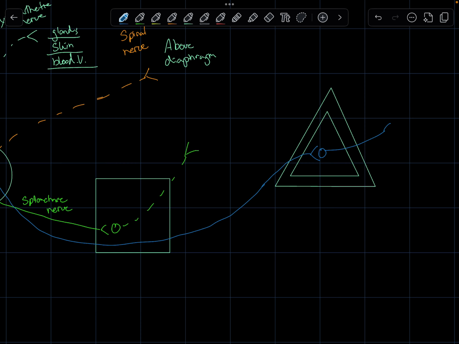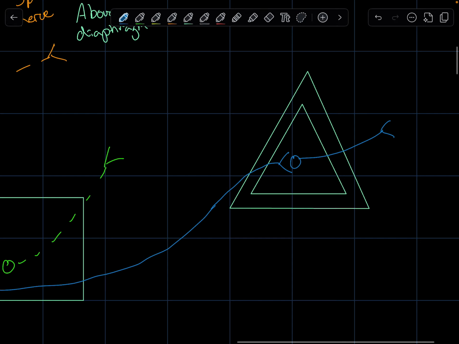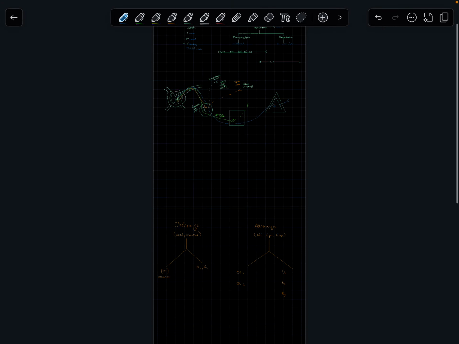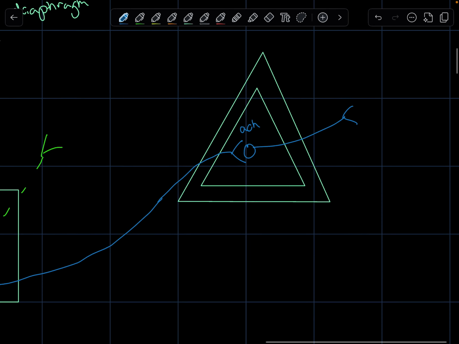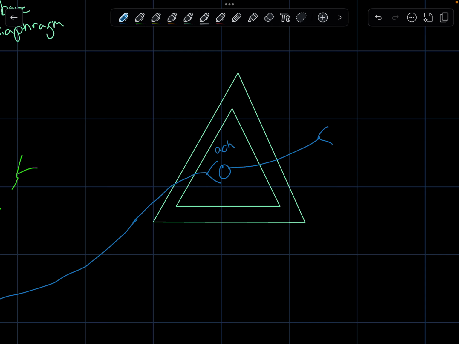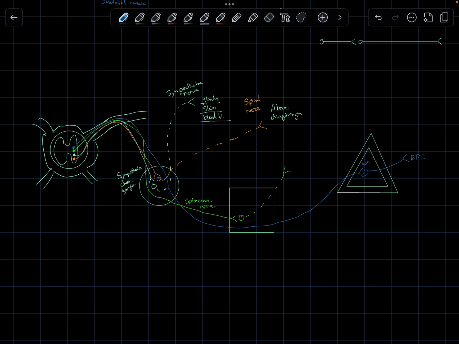And it will synapse there. And this synapse, I can go into more detail later, but basically we'll release acetylcholine, and then the biggest thing that's released is epinephrine, or EPI. Okay, that's kind of the gist we need to know there.